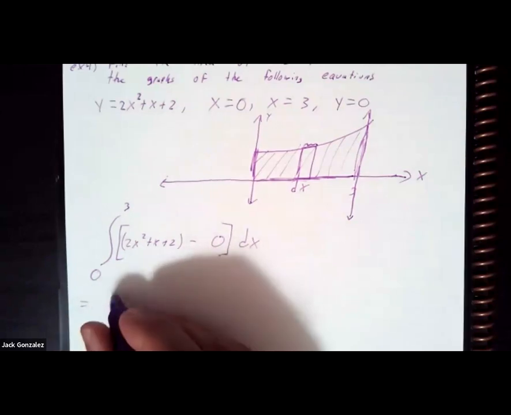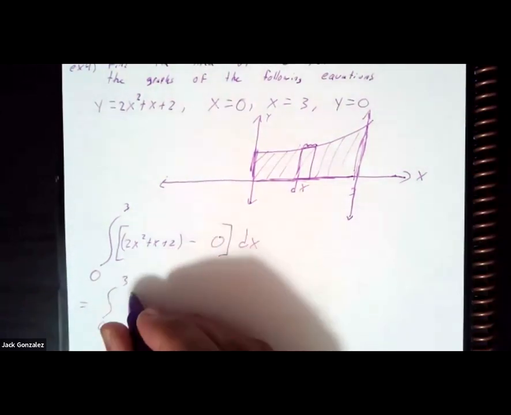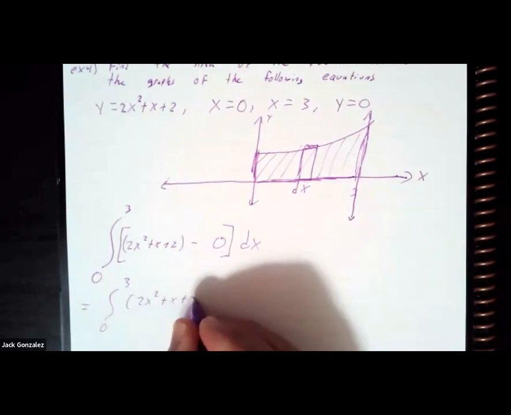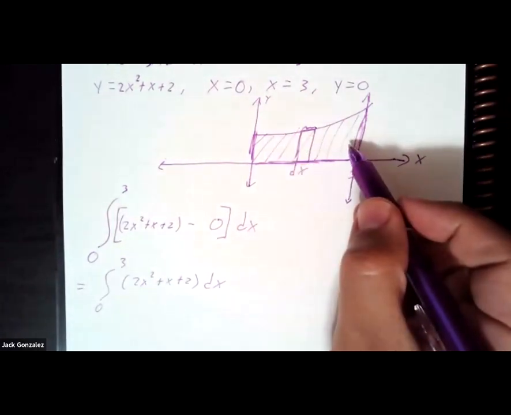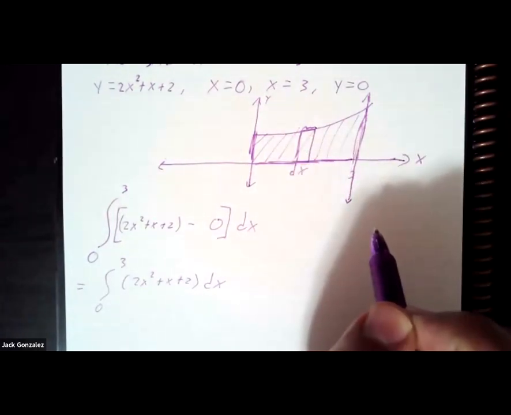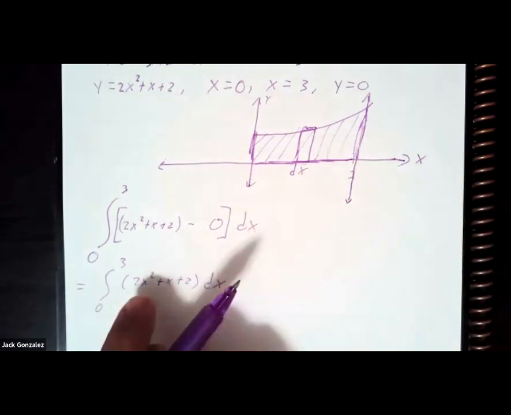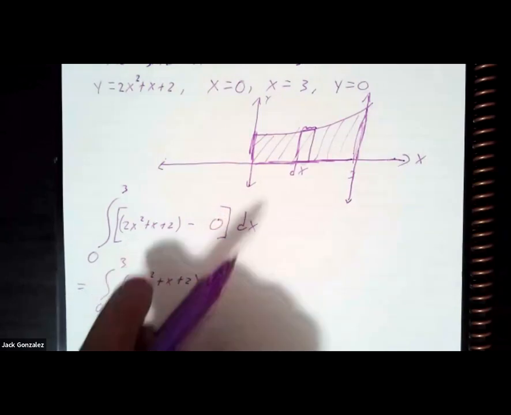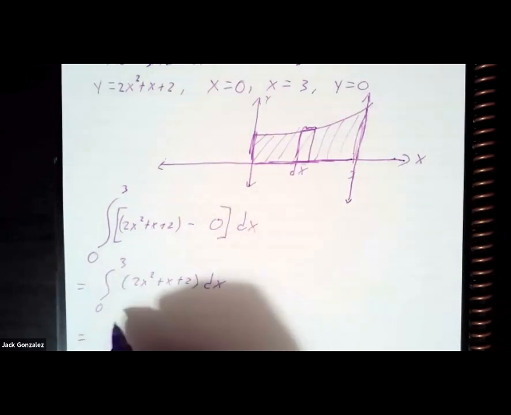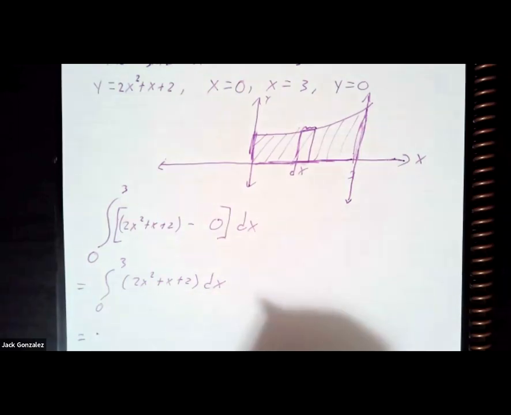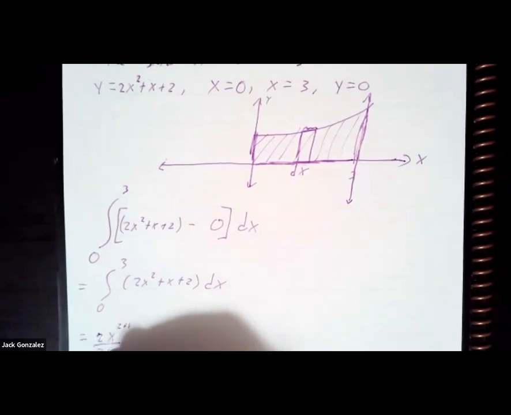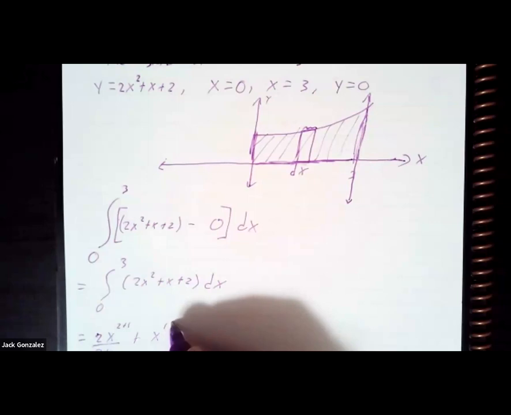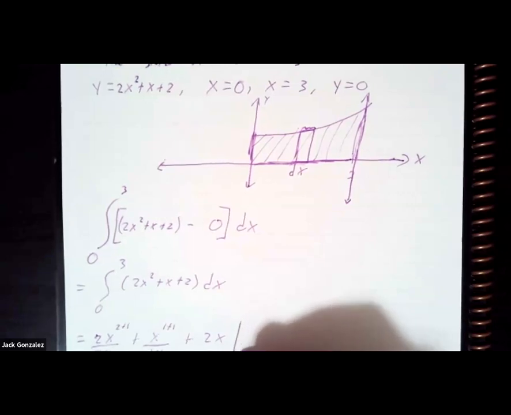So all I have to do is integrate from 0 to 3, 2x squared plus x plus 2. And that will give me the area of this shaded section. So antiderivative of each term, and then plug in the 3 and the 0. The antiderivative will be 2x to the 2 plus 1 over 2 plus 1, plus x to the 1 plus 1 over 1 plus 1, plus 2x, from 0 to 3.